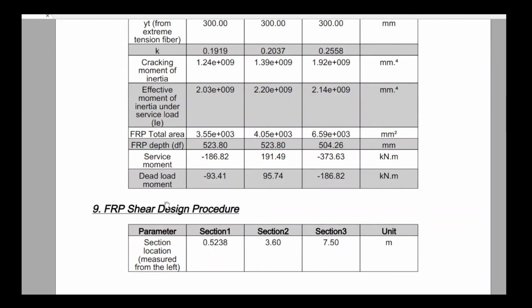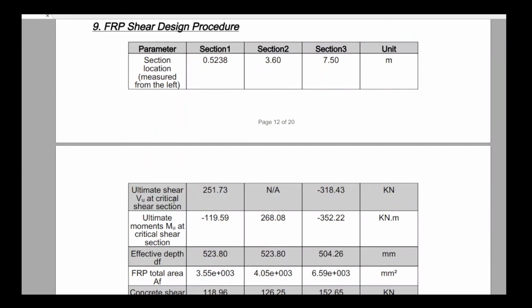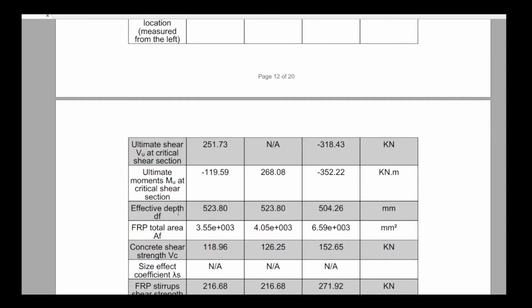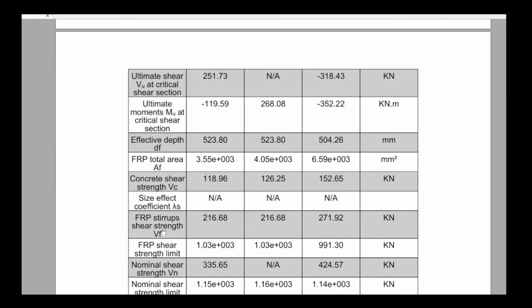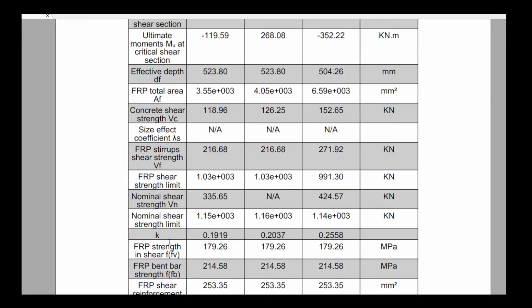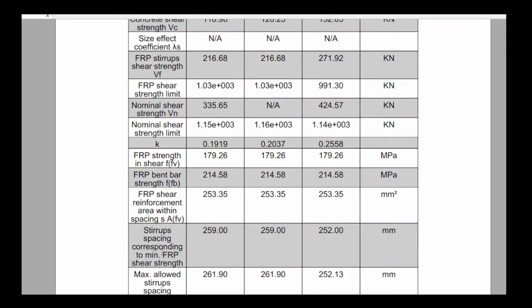load moment. And then we have the FRP shear design procedure, the location of the sections, and then we have the critical section VU, the ultimate shear, and the MU at that section, at the effective depth, the total area of FRP, and then VC, which is the concrete shear strength, and we have the VF, FRP stirrup shear strength, and we have the summation VN, and then we have K and FFV and FFB, the bend bar strength, and we have the area of FRP reinforcement in shear and stirrup spacing, and the maximum one, and then the final one.